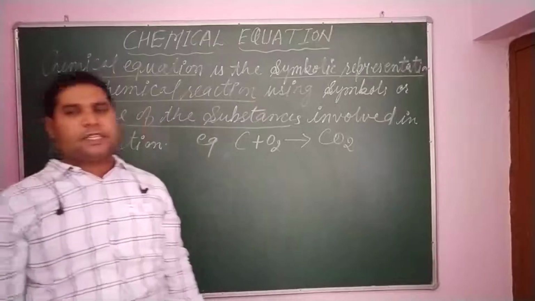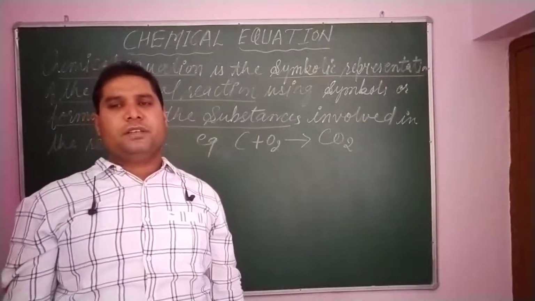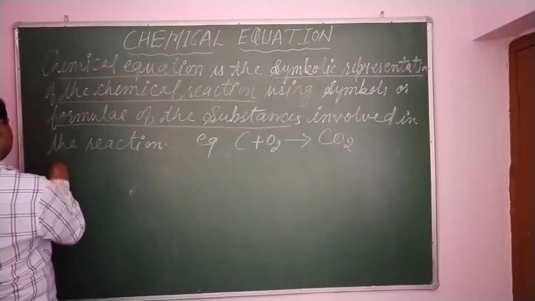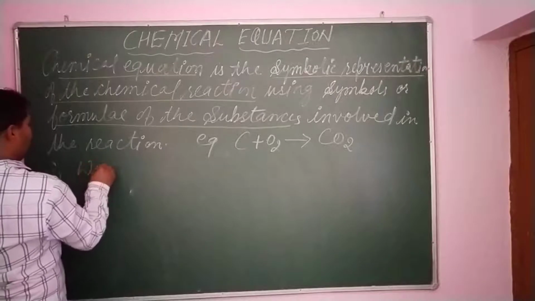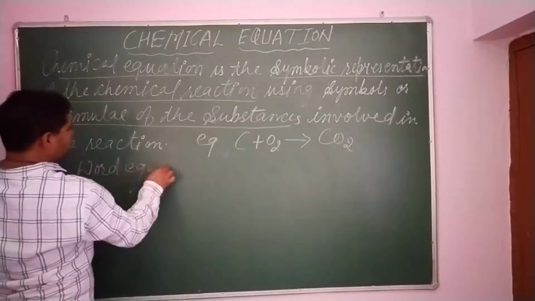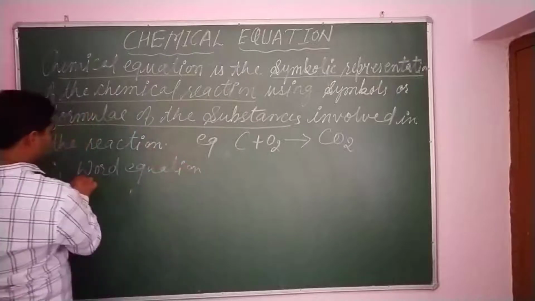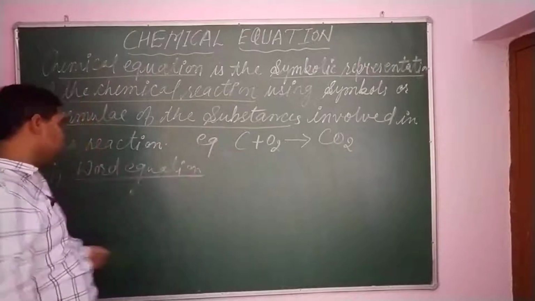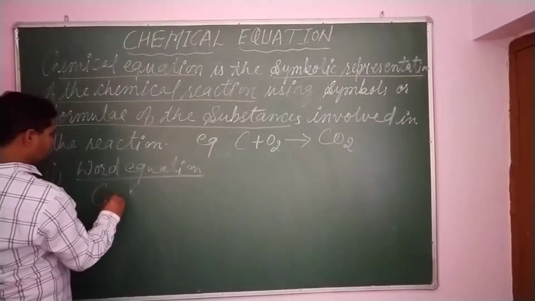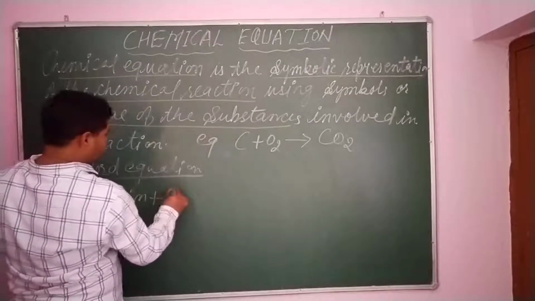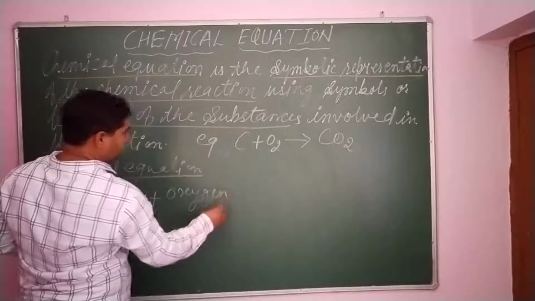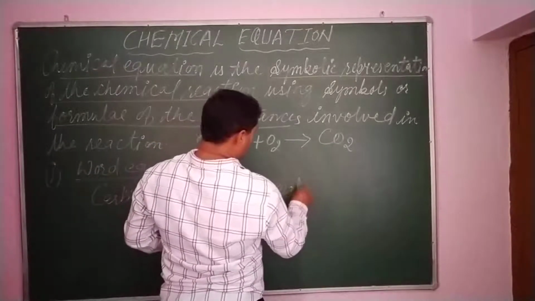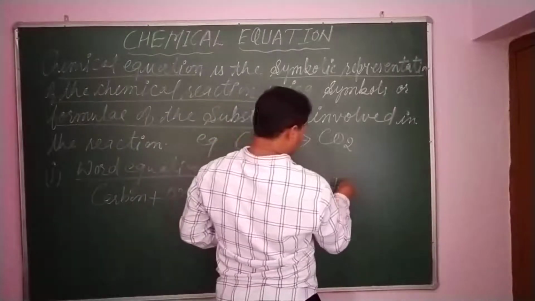A chemical equation can be represented in two forms, a word equation and a chemical equation. So let us know about it. First, word equation. For the same example, in the word equation, carbon plus oxygen forms carbon dioxide.